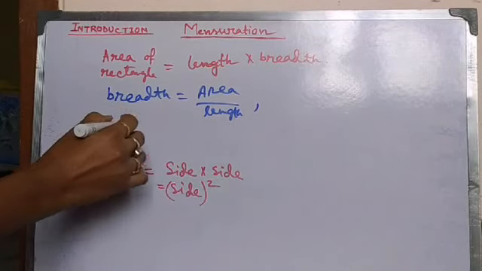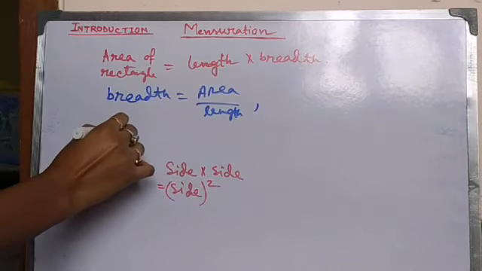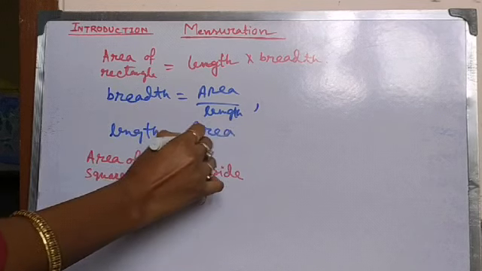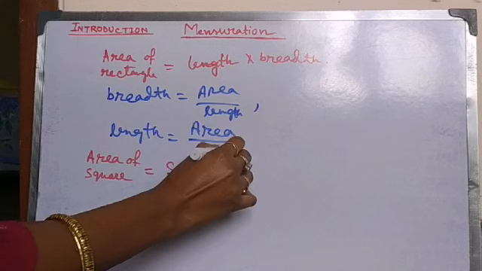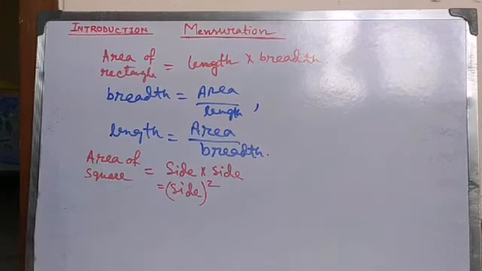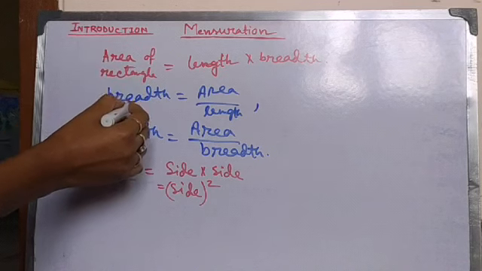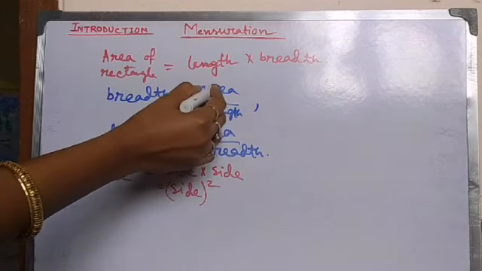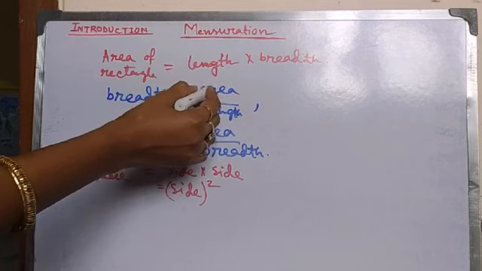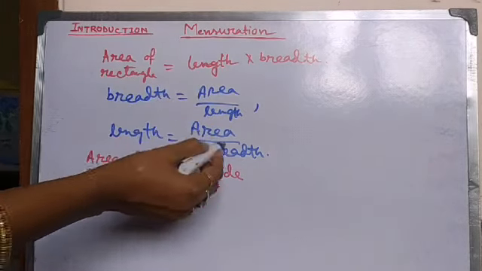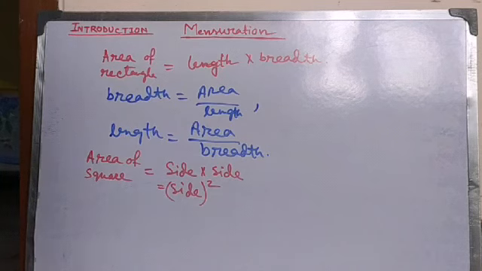Similarly, when we find length, that is also area by breadth. If we find either one, it will be area divided by the other. Breadth equals area by length, length equals area by breadth.